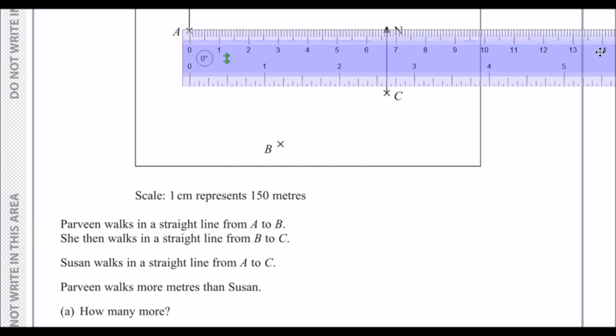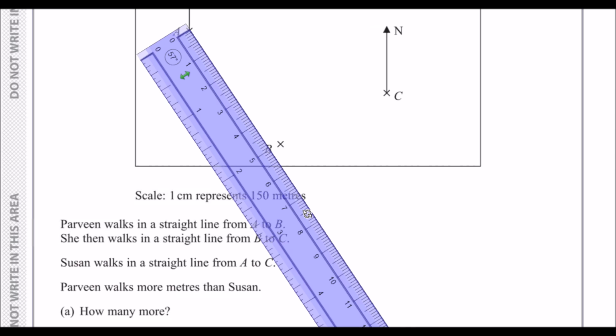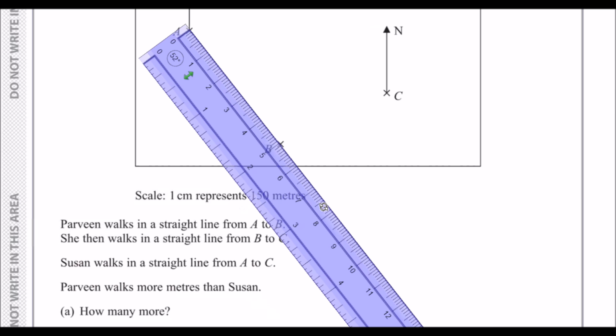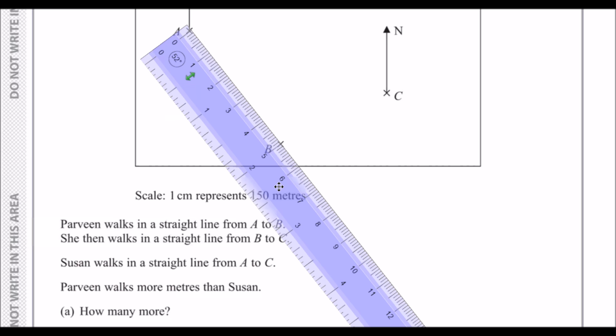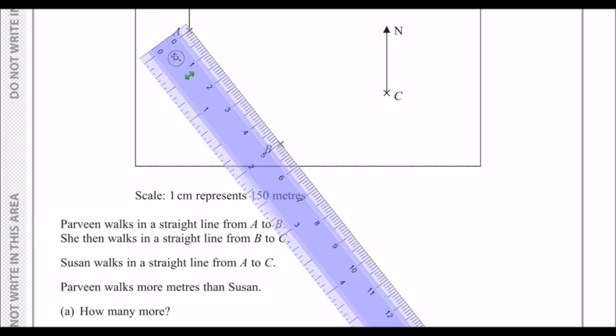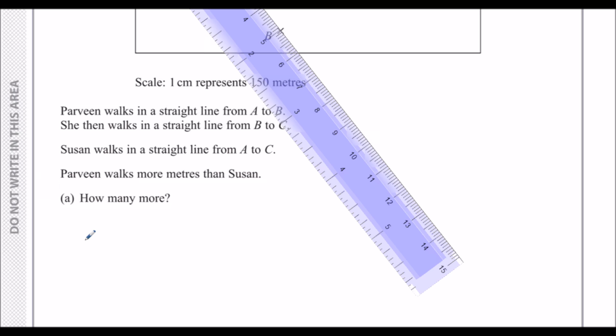So let's get our ruler. Measure A to B, which is 5. A to B is 5 centimetres.